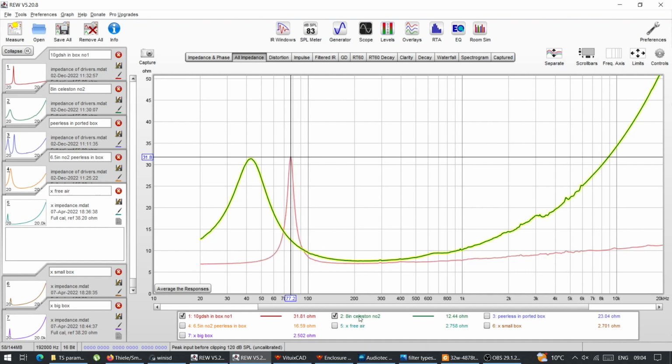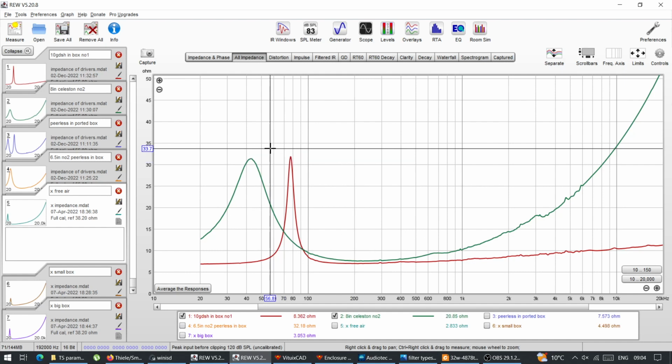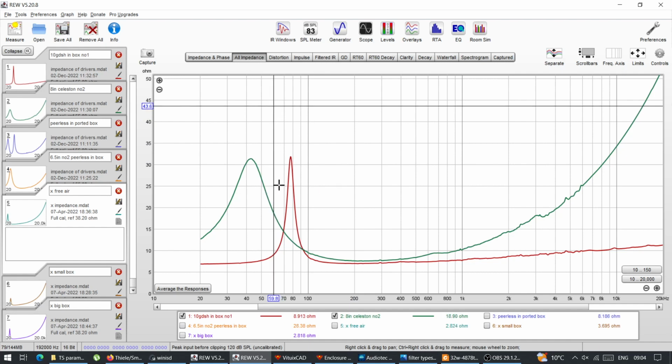And this is just a driver that I had, an 8-inch mid-bass driver, and this Q is something like 0.3, 0.35, and you can see this driver has a much wider impedance peak. So this is in general how you can see the differences between the Qs.